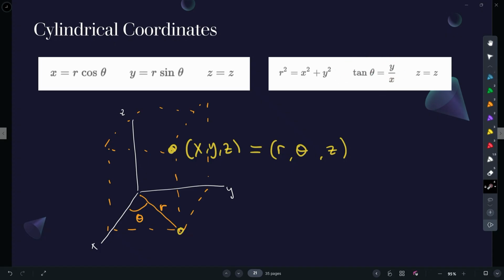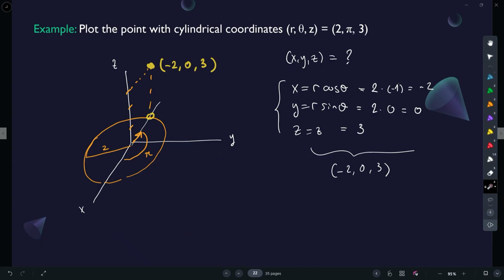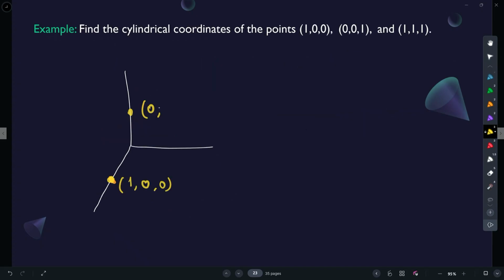If the x coordinate is 0, then the angle is automatically 0. So I'm going to call this angle 0, and the z coordinate is 1. Look at that. It's exactly the same point again, in Cartesian or in cylindrical coordinates.